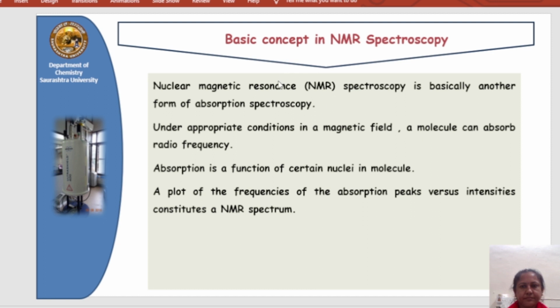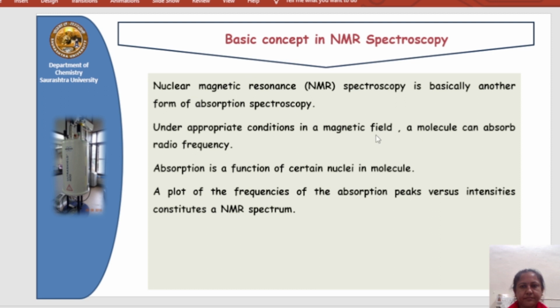When we apply the waves, it is known as spectroscopy. Interaction takes place, and that's why it is known as nuclear magnetic resonance spectroscopy. And it's basically another form of absorption, meaning one type of absorption takes place. Here emission will not take place, but some frequency will be absorbed by the molecules as a function of certain nuclei. That's why it is known as absorption spectroscopy.